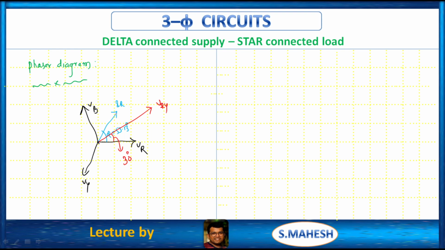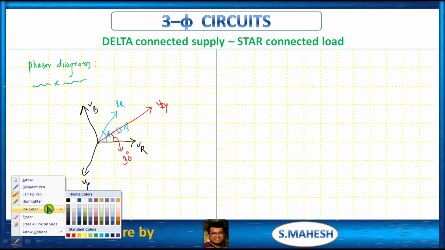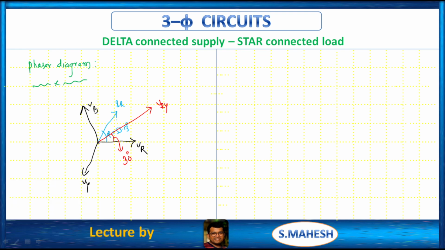So what is the phase angle between line current and line voltage? What is this angle? Which is equal to 23.13. That is, here the current leads, means 30 minus phi, but here the phase angle is more than 30 degrees.